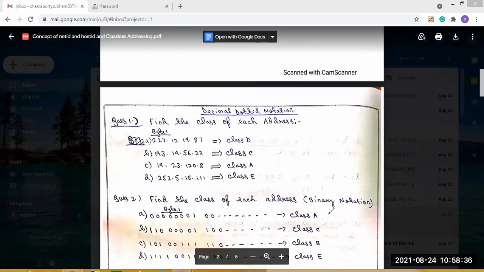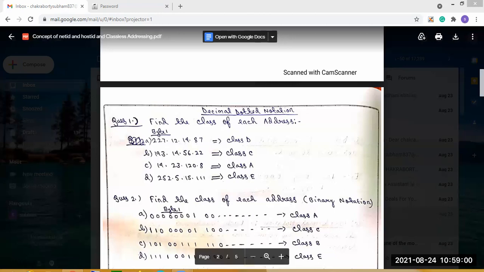So you will check the first byte and remember the table, and according to the table you will put the values. So this is the basic way to find out which class an address is present in. This is the basics.